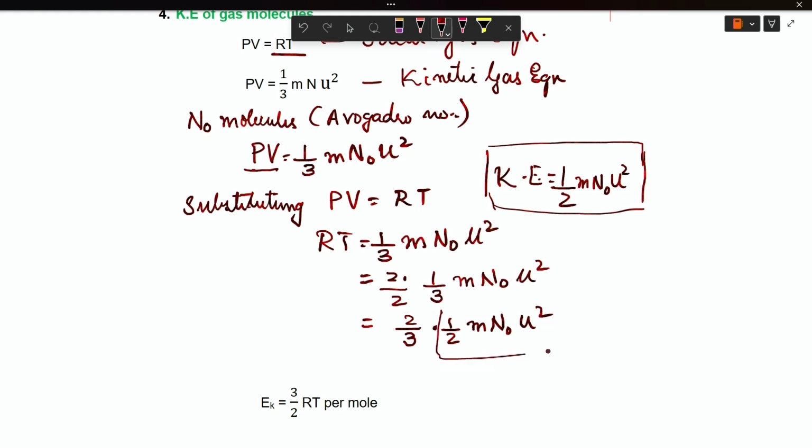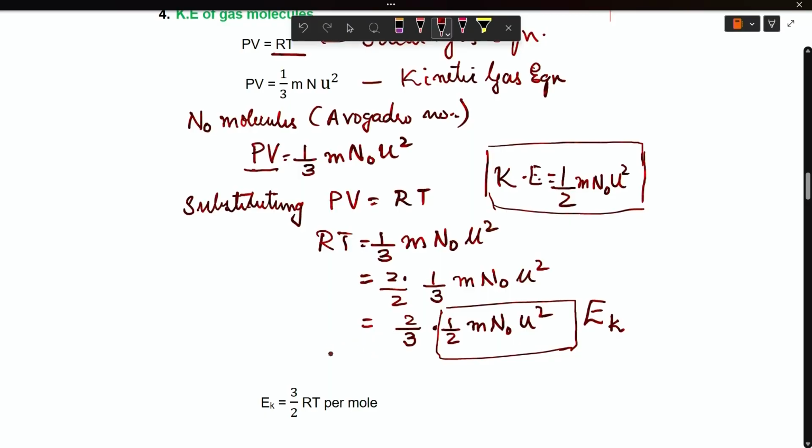Now, this term is the kinetic energy which we can represent as E k. Okay. So, E k equals 2 by 3 E k, sorry, or E k equals, see I am going to take this towards this side.